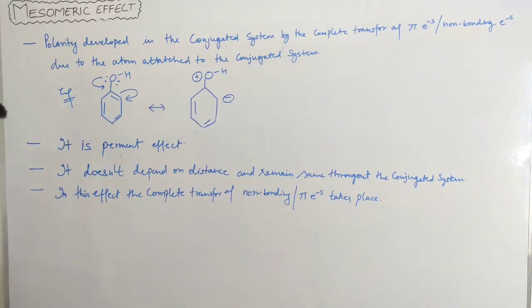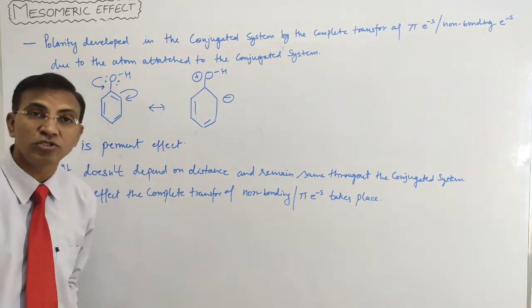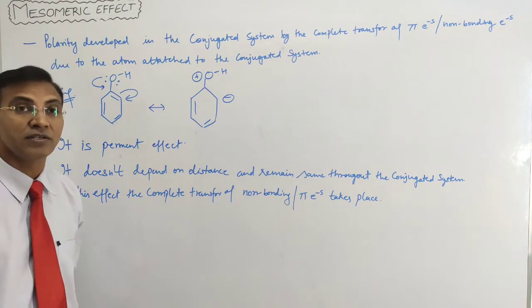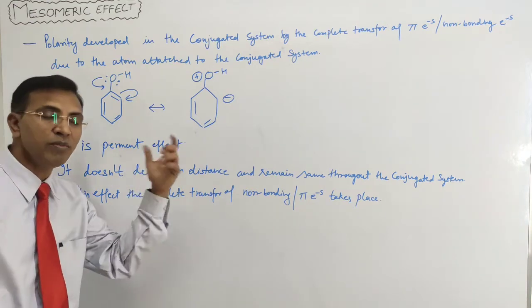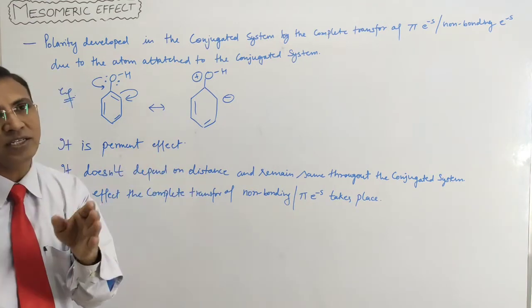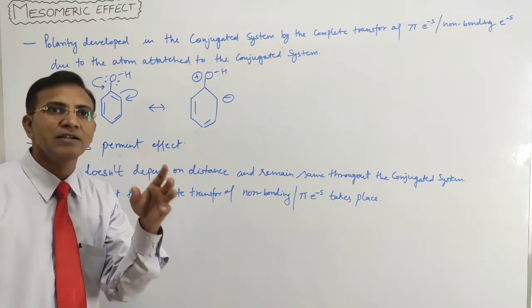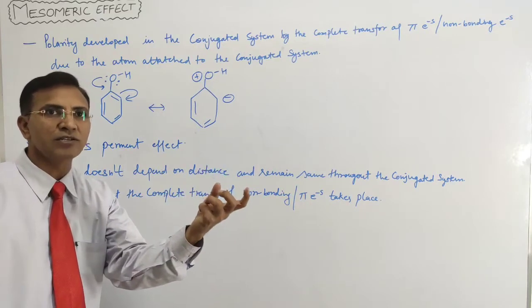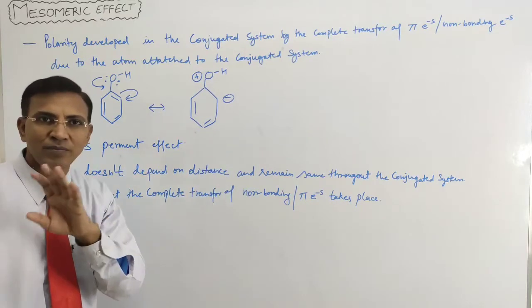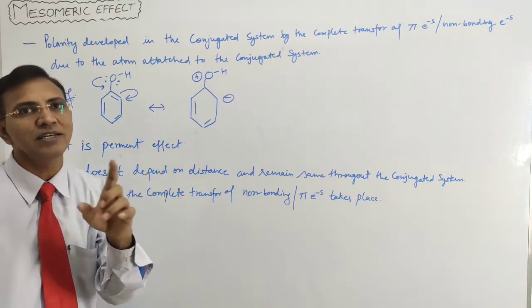Now come to the next point. This phenomenon, mesomeric effect, is also like an electric effect, but the difference is in mesomeric effect the complete delocalization of electrons takes place, but in inductive effect the shared pair of electron is shifted. Complete transfer of electron doesn't take place in inductive effect.